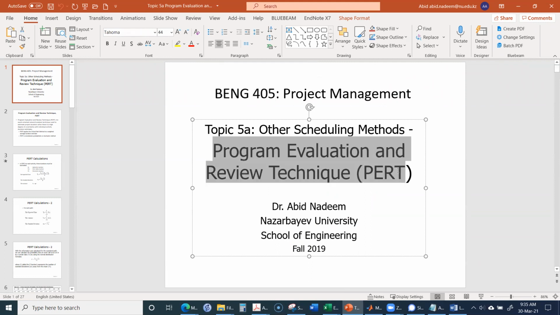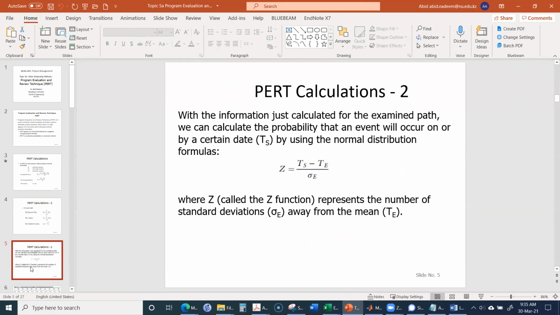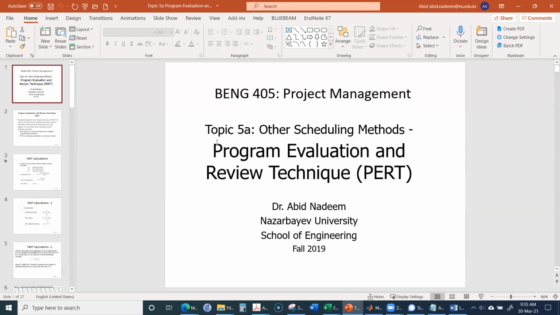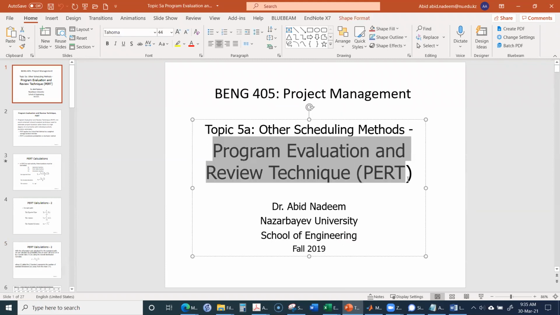So, Program Evaluation and Review Technique, PERT. This PERT method, we are now discussing it for understanding how we can also take care of the concept of risk in the duration of the activities.